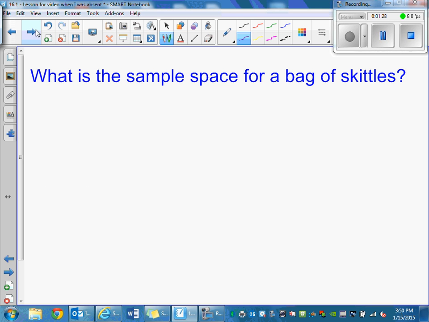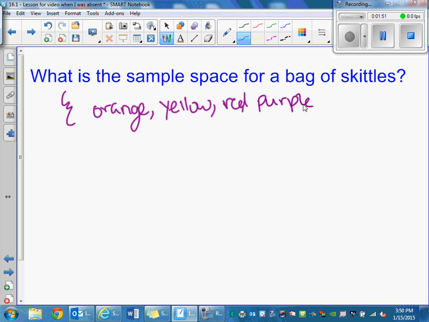So what's the sample space of a bag of Skittles? Pause and figure it out. So let's see. For a bag of Skittles, I don't know, there's orange, yellow, red. Oh, that moved. Orange, yellow, red. What else is there? Are there purple Skittles?